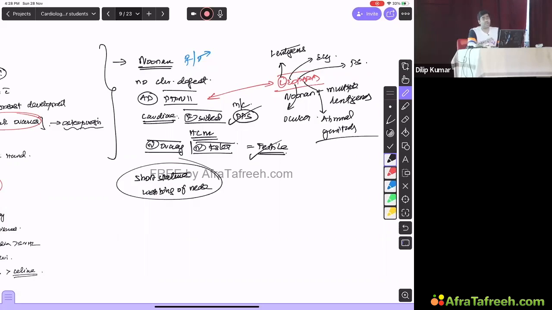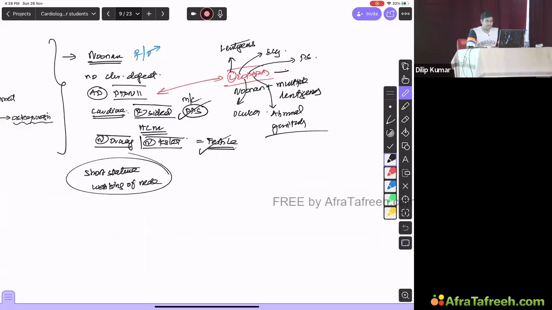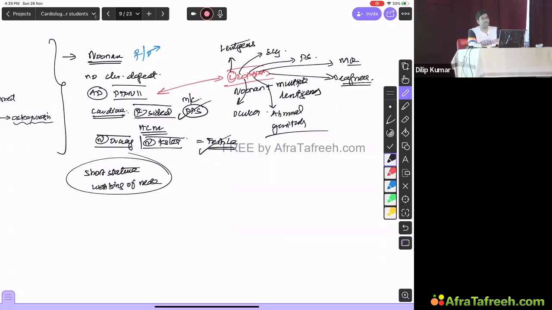I think I'm right. Okay. And R stands for mental retardation, MR. And D stands for deafness. This is Leopard syndrome: lentigines, ECG abnormalities, ocular abnormalities, pulmonic stenosis, abnormal genitals, mental retardation, and deafness. Again, it is due to PTPN11 only.